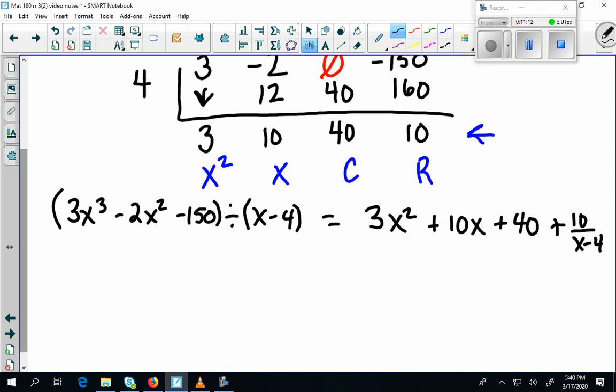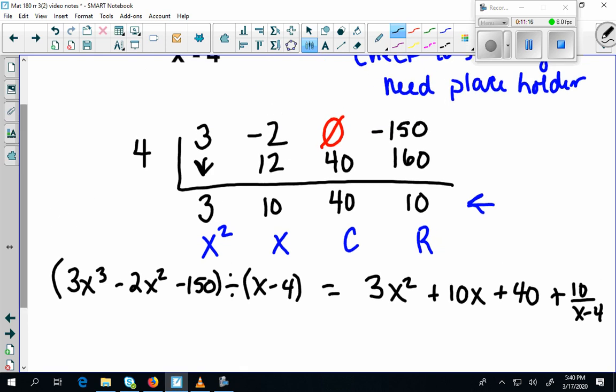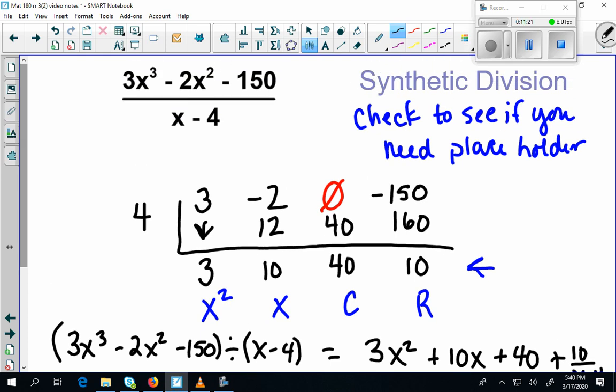My remainder is 10. That tells me, the remainder theorem tells me, that when I'm looking at this function, 3x cubed minus 2x squared minus 150, the function of 4 is 10.